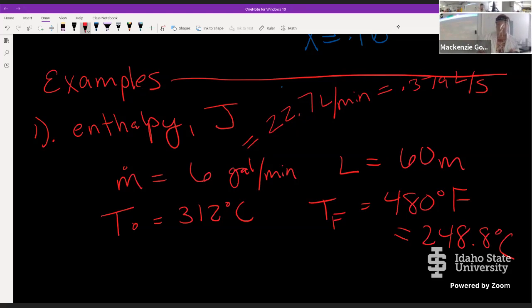Okay, so now if we have liters per second, meters, degrees Celsius, and degrees Celsius, we can solve this problem in terms of joules. But if instead you converted the other way, 312 degrees C, what does that equal in Fahrenheit? Who went to the imperial? 593. Okay, I was gonna say, I don't think so.